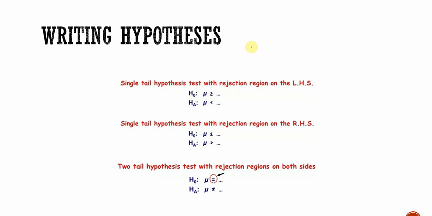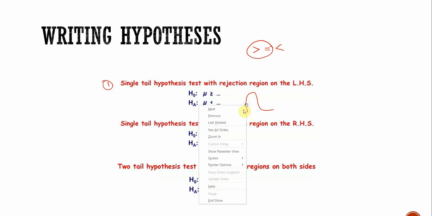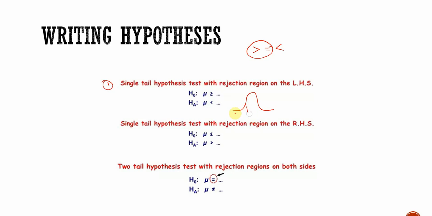So since we have three symbols, greater than, equal to and less than, and we have already used these two symbols, the remaining is less than, so that we use for writing my alternate hypothesis in the very first case. So when we draw a diagram like this, the rejection region is on the left hand side. That means the rejection region is towards this side.